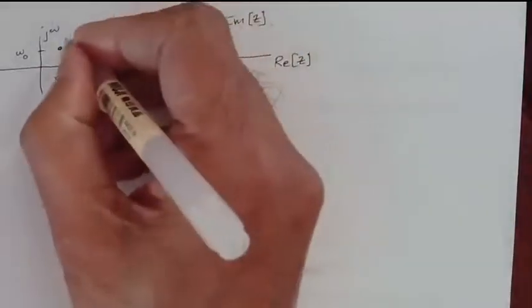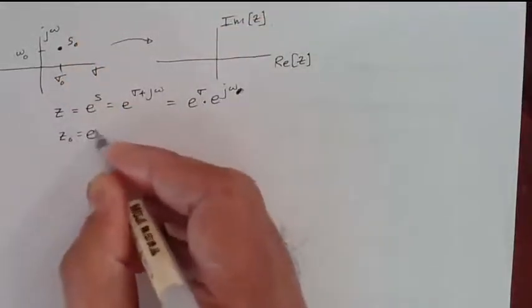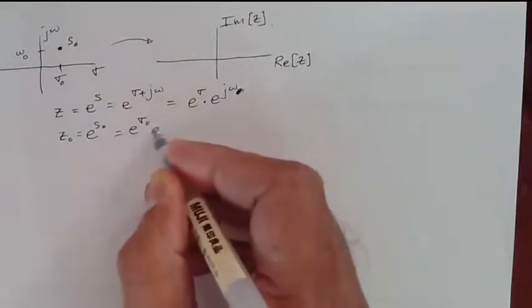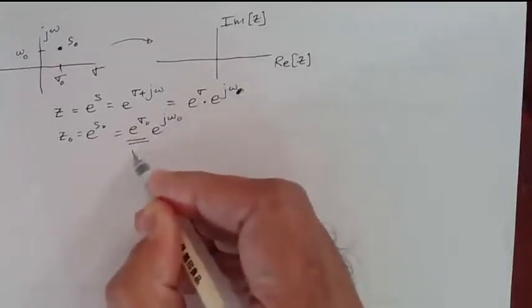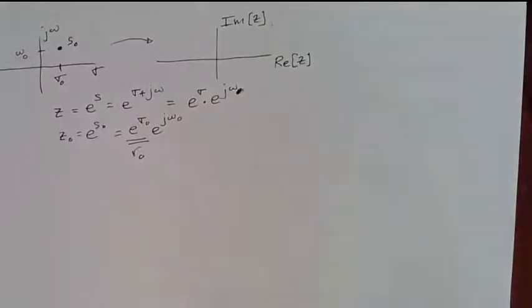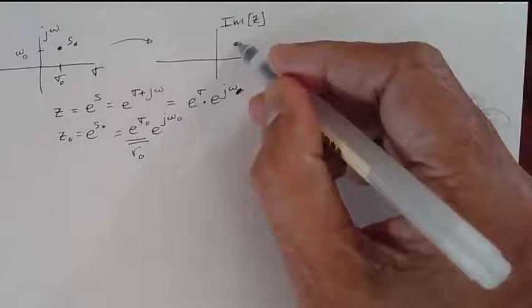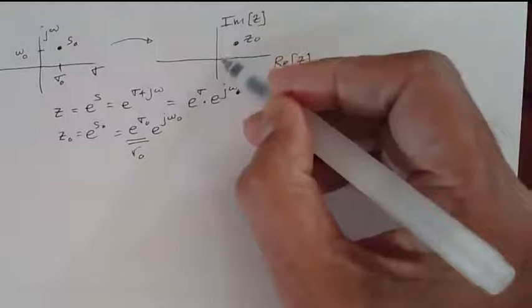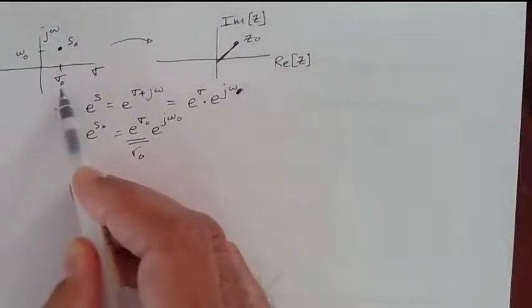So if I call this point S0, then that will get mapped to a point Z0, which is equal to e to the S0, which is equal to e to the sigma 0, e to the j omega 0. Okay, let's call this R0. So basically this point S0 gets mapped to a point Z0, and the relationship between those two is that this distance here, R0, is e to the sigma 0.